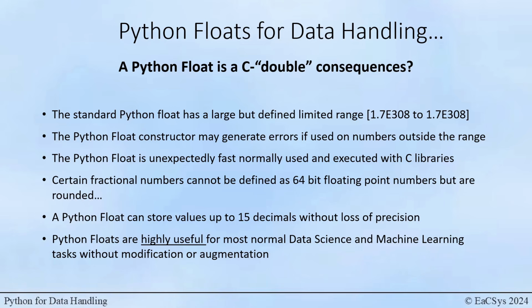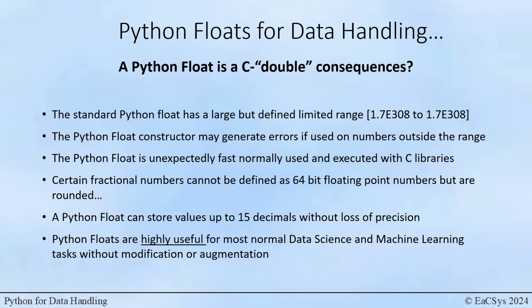The practical implications and consequences of the C double is that the standard Python float has a large but defined range as compared to the Python integer, which has unlimited size.